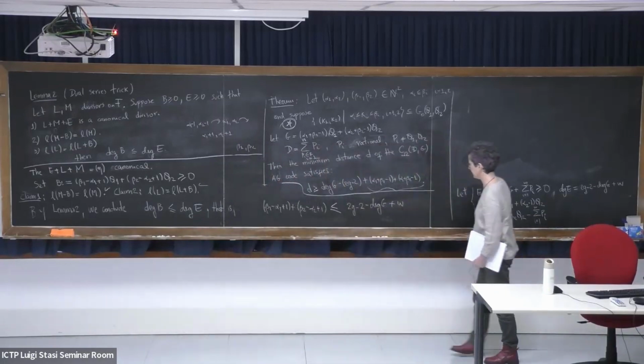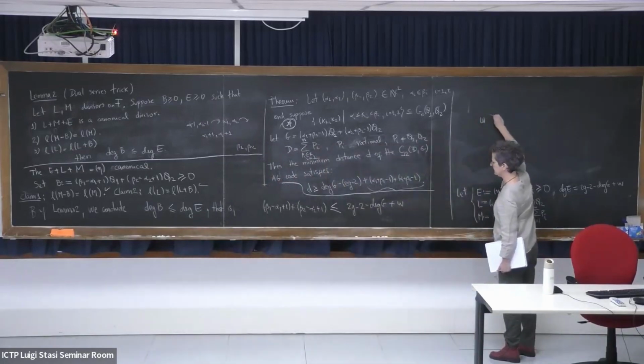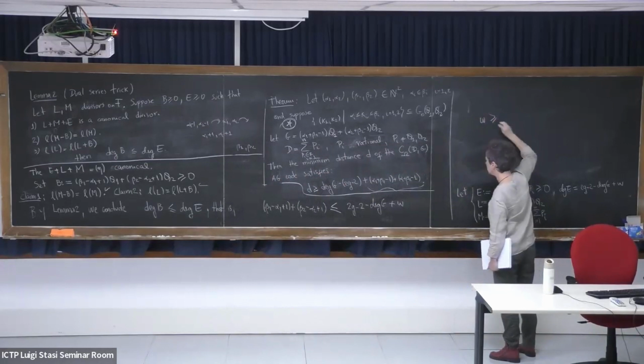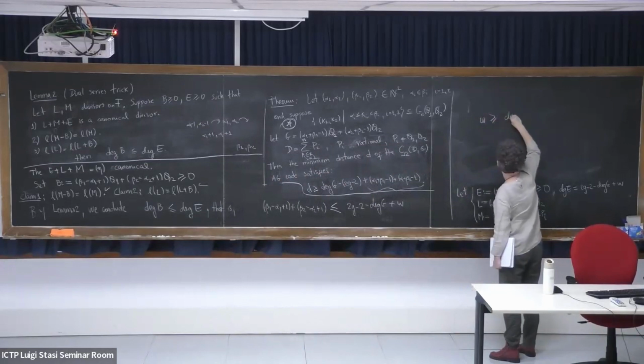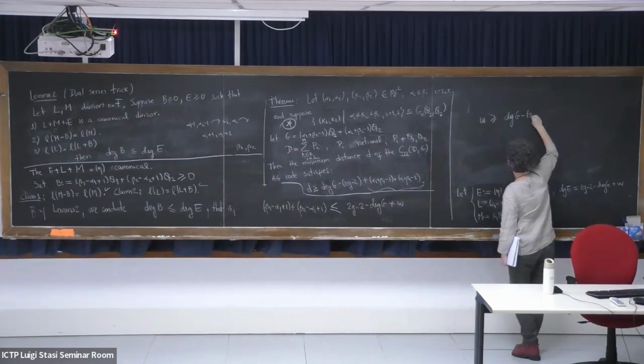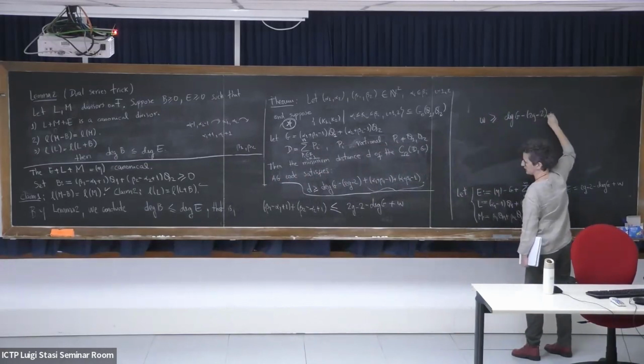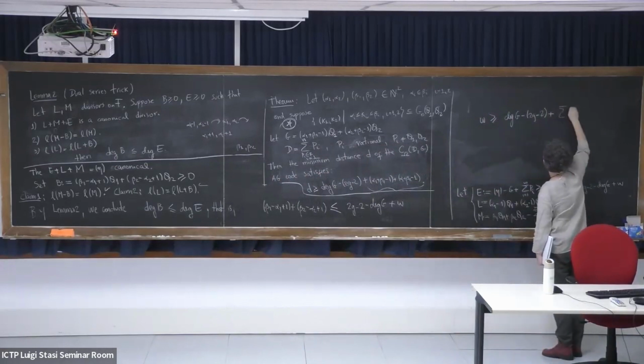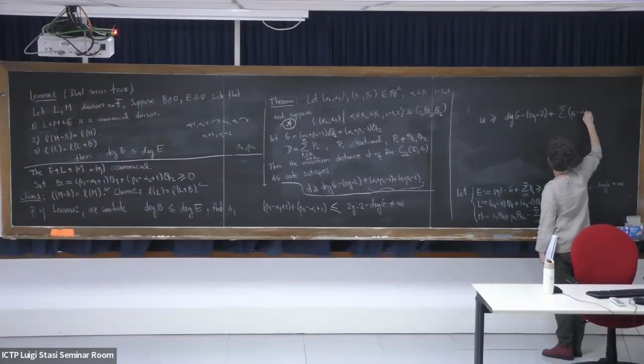So we get that omega is larger than the degree of g minus 2g minus 2 plus the sum of beta i minus alpha i plus 1.